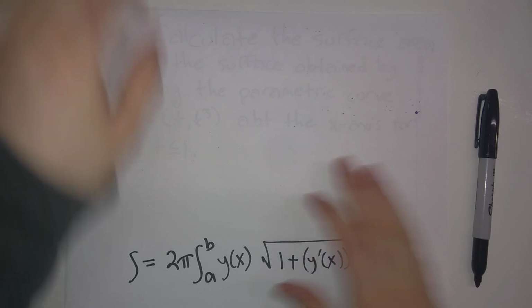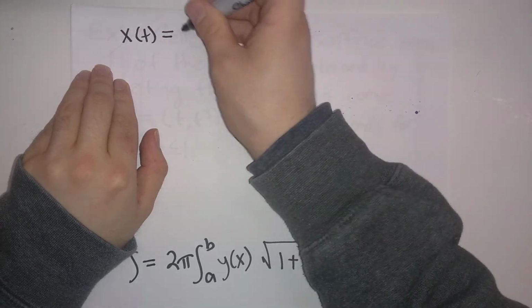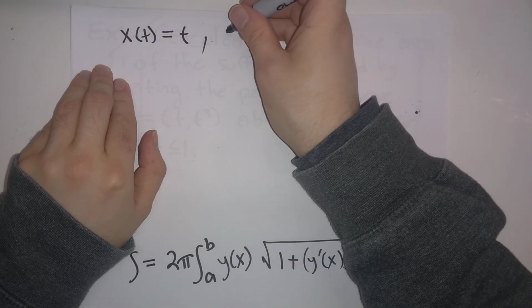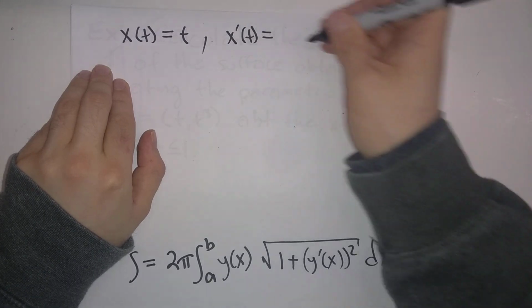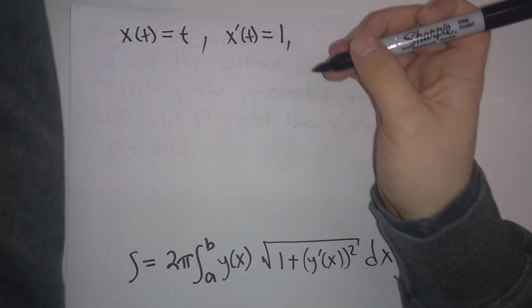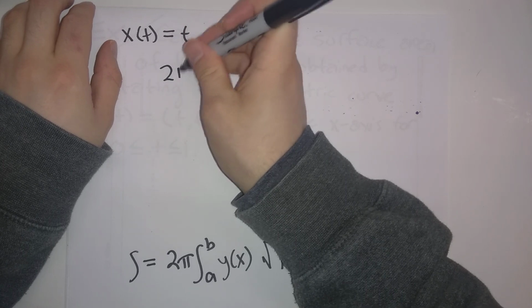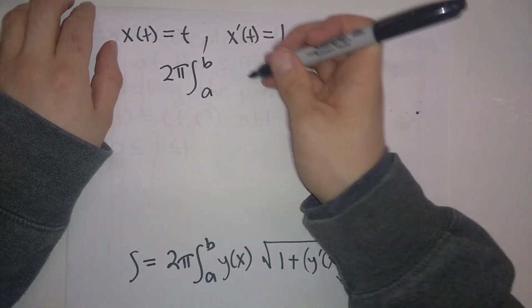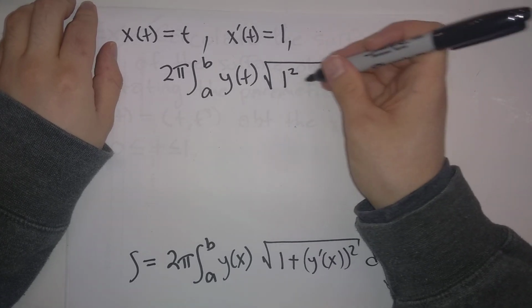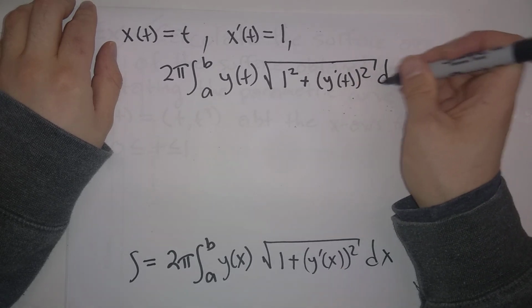If we were to set x of t equal just to t, that would mean x prime of t would equal 1, and plugging things in, we would have 2 pi times the integral from a to b of y of t times the square root of 1 squared plus y prime of t squared dt.